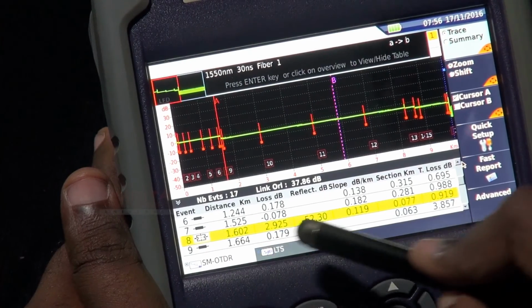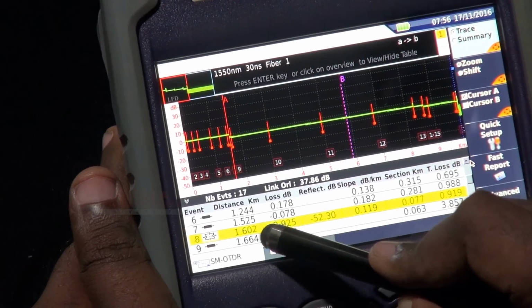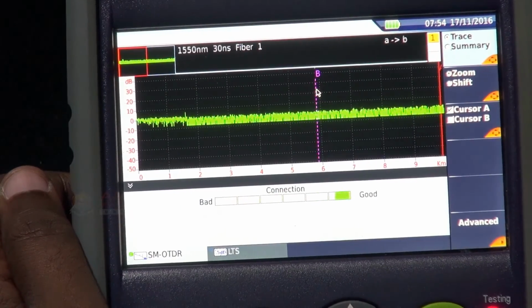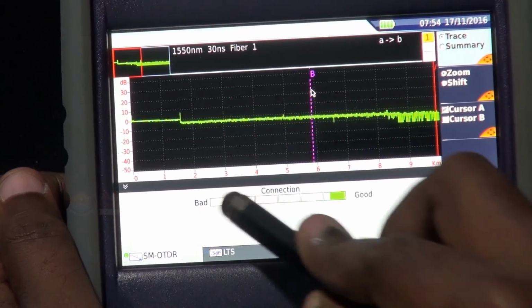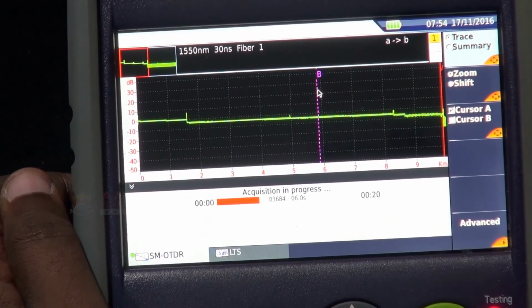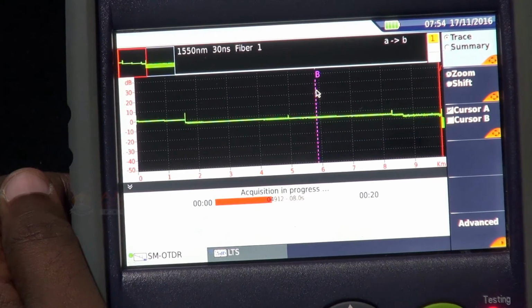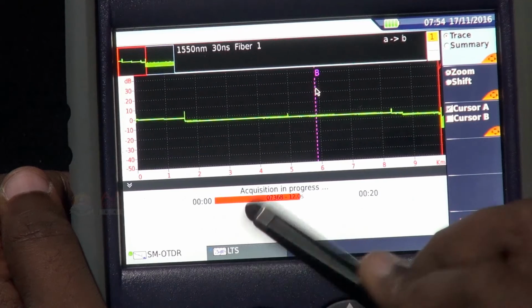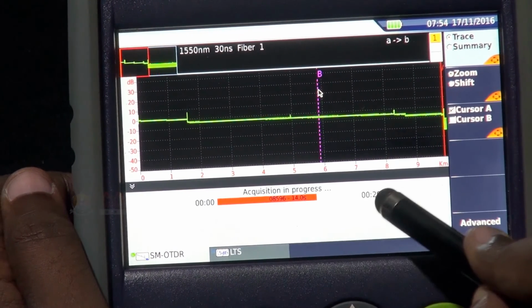The OTDR uses backscattered light of the fiber to imply loss. The OTDR sends a high-power laser light pulse down the fiber and looks for return signals from backscattered light in the fiber itself or reflected light from connector or splice interfaces.